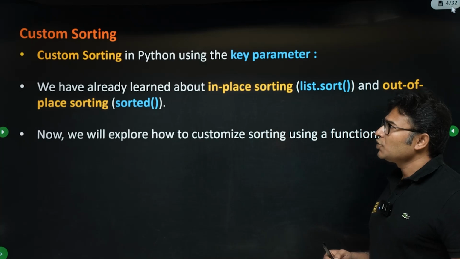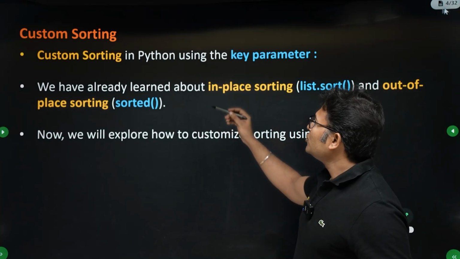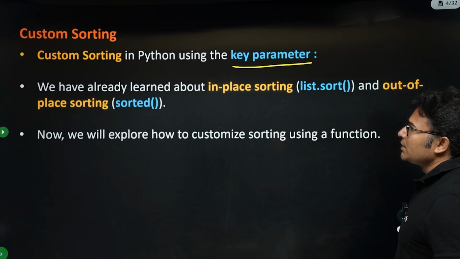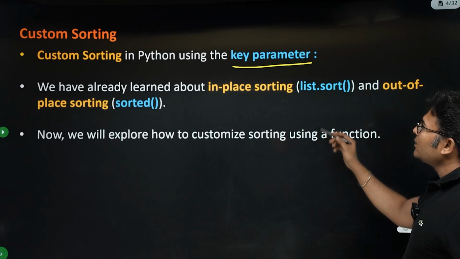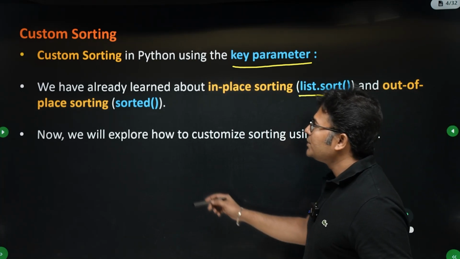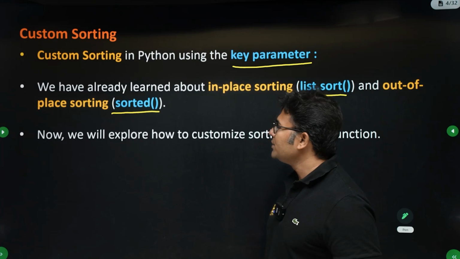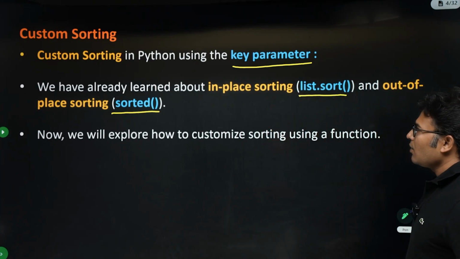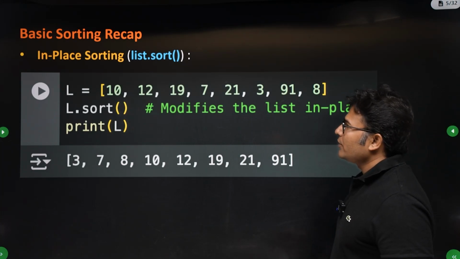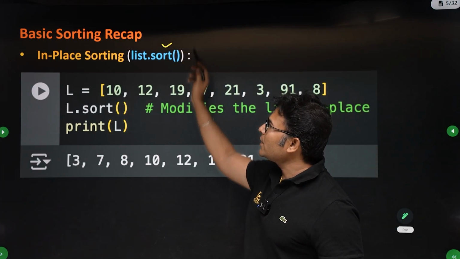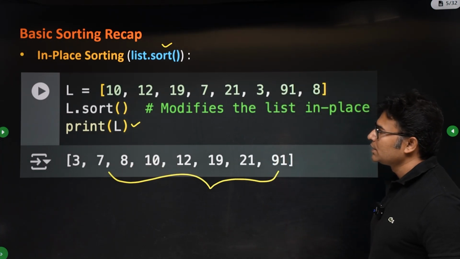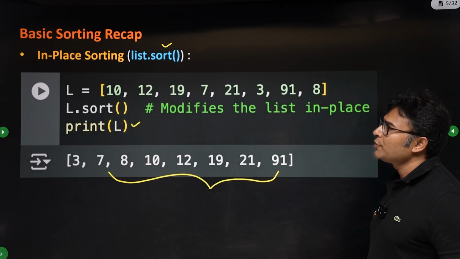Now coming to custom sorting, we are going to use the key parameter. You have already seen that list.sort is for in-place sorting and sorted is for out-of-place sorting. If I do list.sort, it is going to sort the list. If you print the list, it is going to show you the ascending order, and the original list is manipulated.